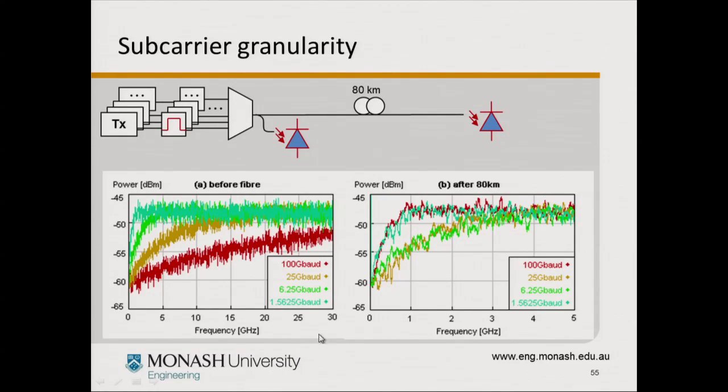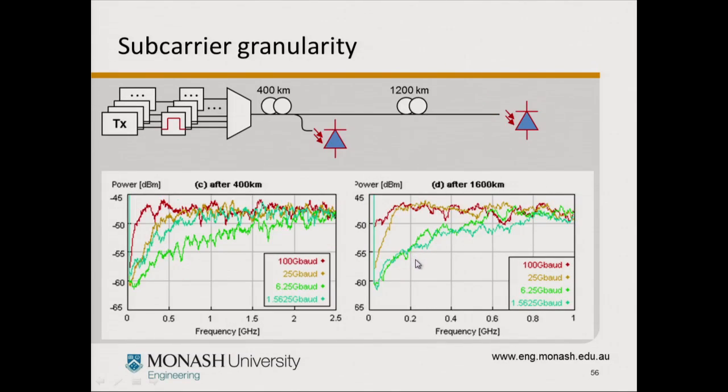So your signal becomes very quickly looking just like noise. Whereas if you have a low baud rate system, the signals kind of hold their form. They keep looking like what they did originally, and they do not increase significantly in intensity fluctuations, particularly at low frequencies.